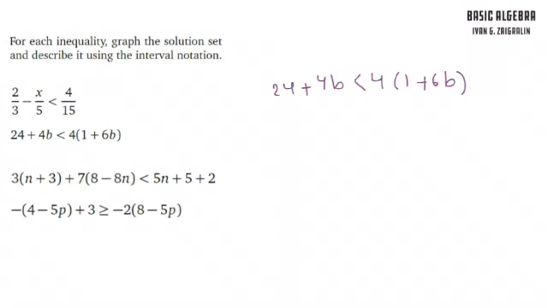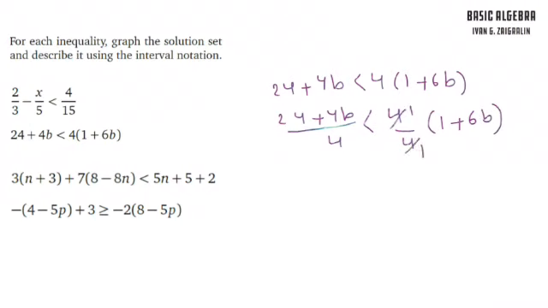So 24 plus 4b over 4 is less than 4 over 4 times 1 plus 6b, so this 4 is 1, and this 24 is 6. So 6 plus b is less than 1 plus 6b.